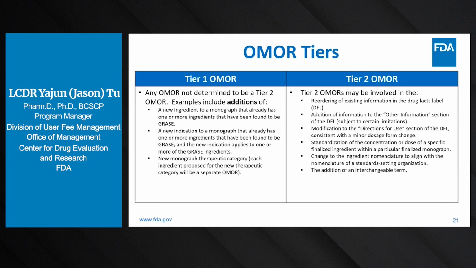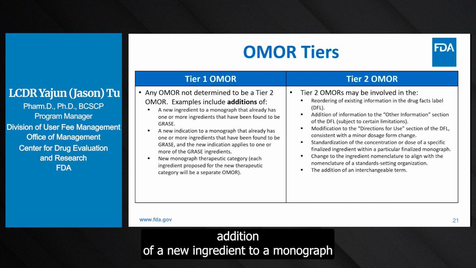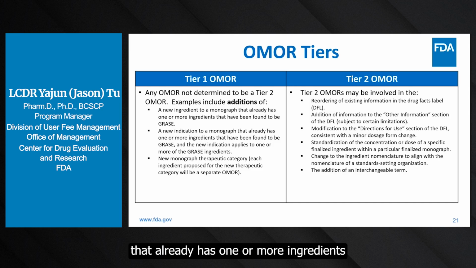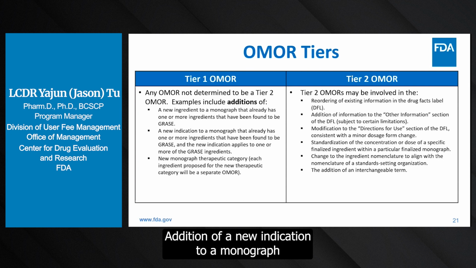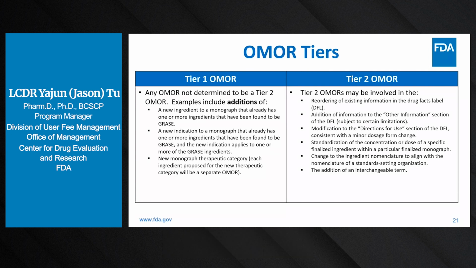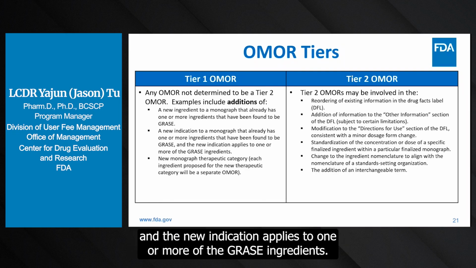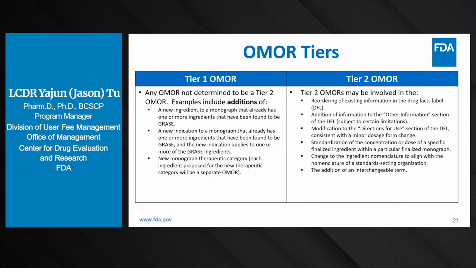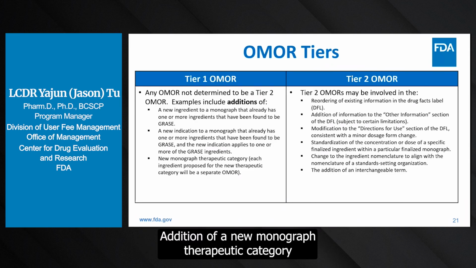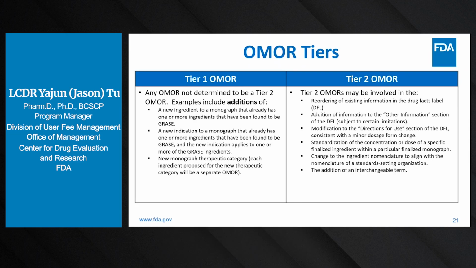Examples include addition of a new ingredient to a monograph that already has one or more ingredients that have been found to be GRASE, addition of a new indication to a monograph that already has one or more ingredients that have been found to be GRASE, where the new indication applies to one or more of the GRASE ingredients, and addition of a new monograph therapeutic category.